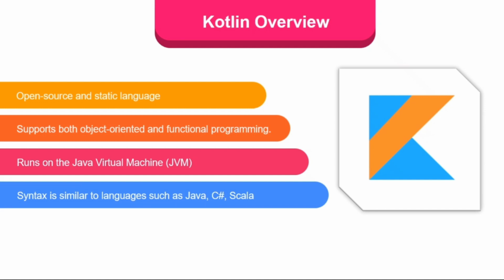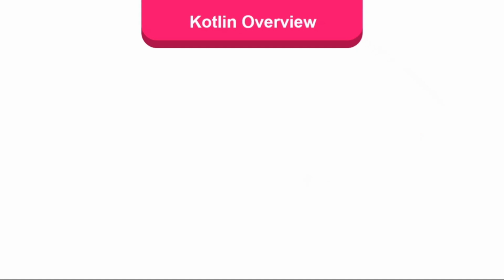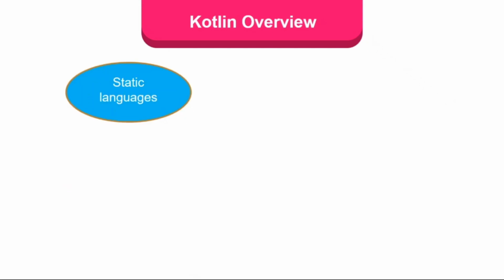Now, of course, we said that Kotlin is a static language, so wait a minute. What the heck is that? Were you even listening after I said static language? Yeah, that's kind of an odd term, huh? But it kind of gets your wheels spinning, too. A static programming language is one in which every variable type is declared from the very beginning.